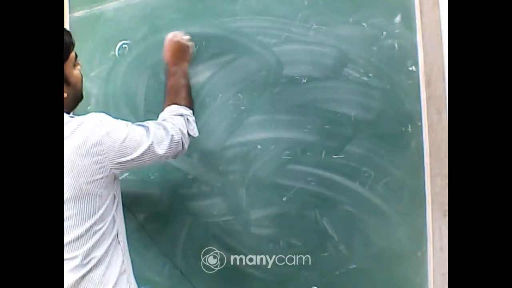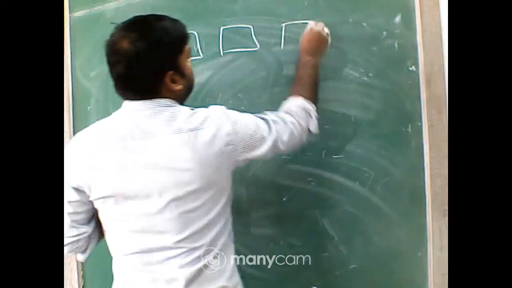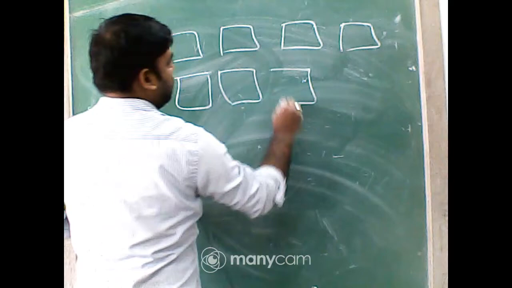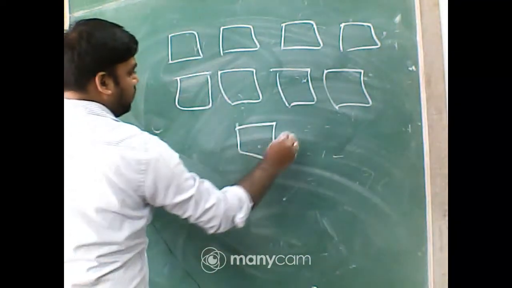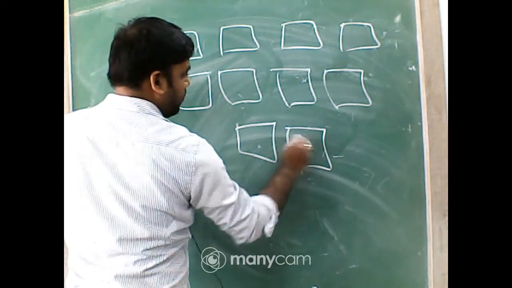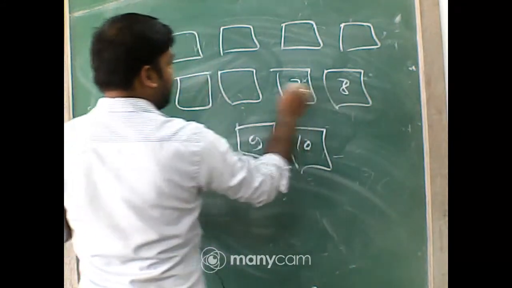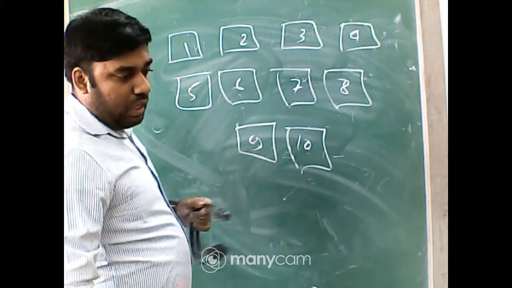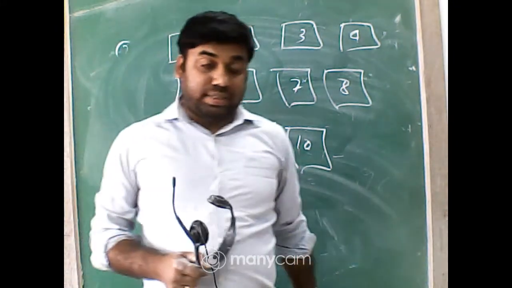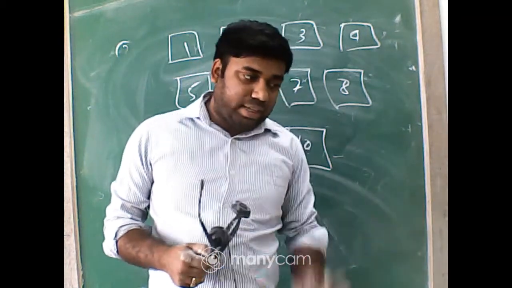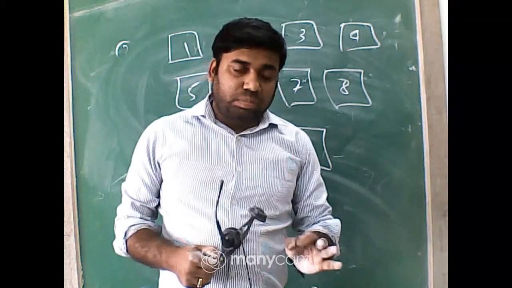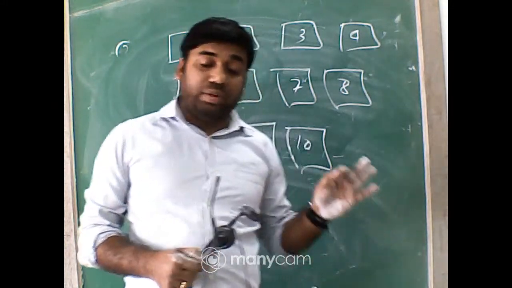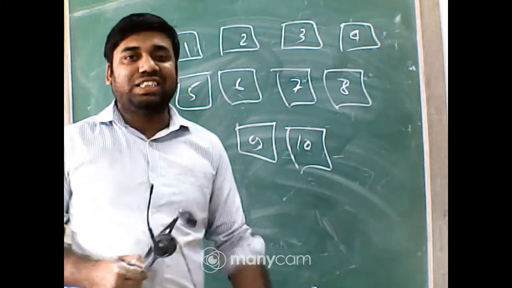Ten cards are there, and on each card a number is written. I have selected one card. Find the probability of that card being a one digit number.